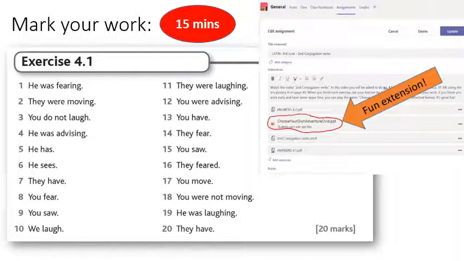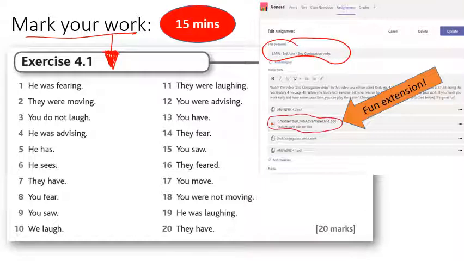Right, once you finish exercise 4.1, you can mark your work looking at the correct answers on this page. You can take 15 minutes to correct your mistakes. When you finish this, you can go to the assignment on Teams and open this PowerPoint titled Choose Your Own Adventure. It's a very fun game to play if you have some spare time left.